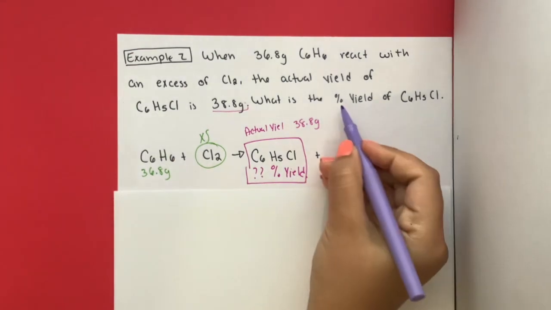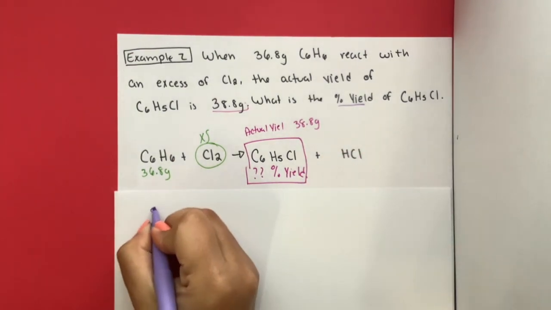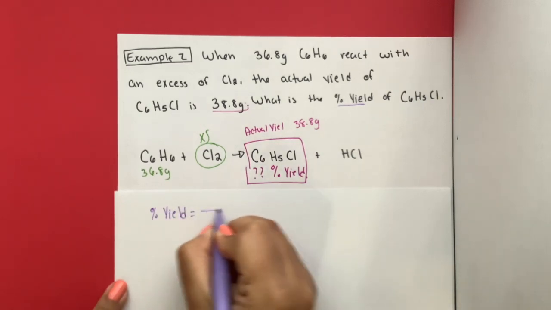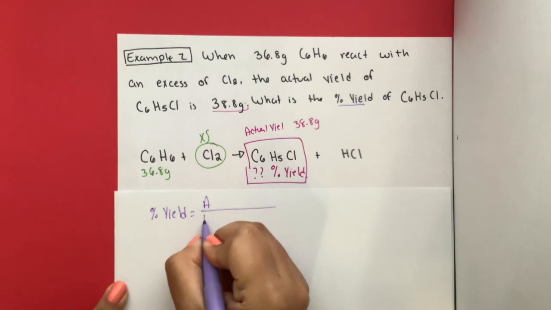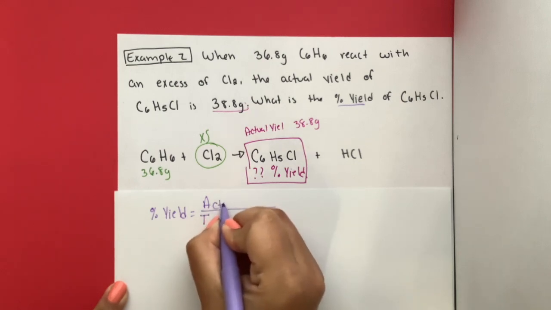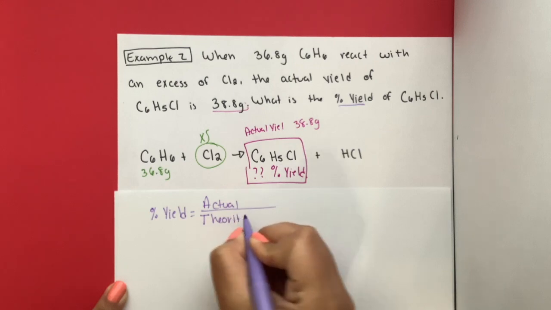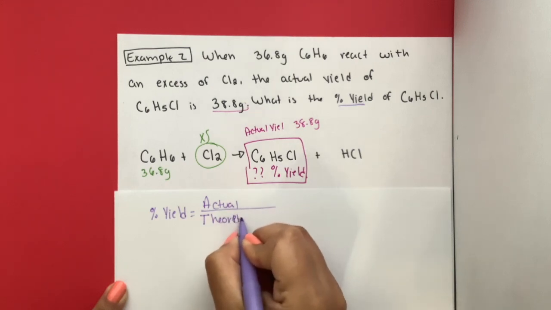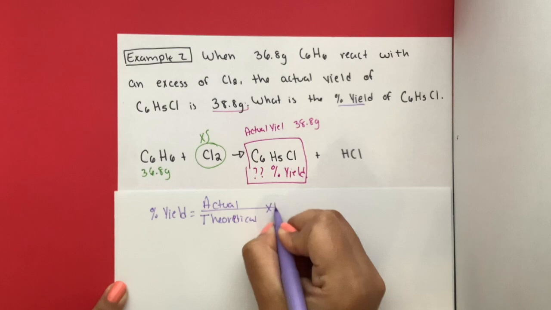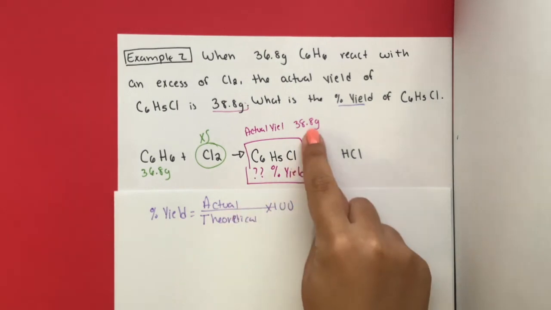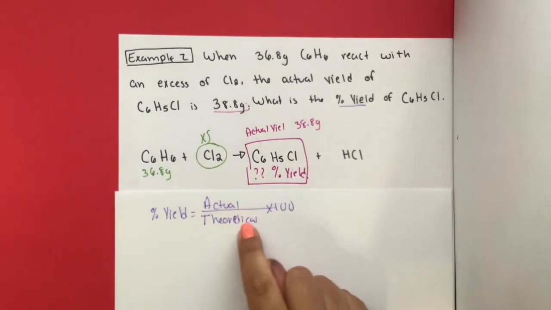Because remember that the formula for percent yield is actual over theoretical times 100. We have actual. Now we need to figure out the theoretical.